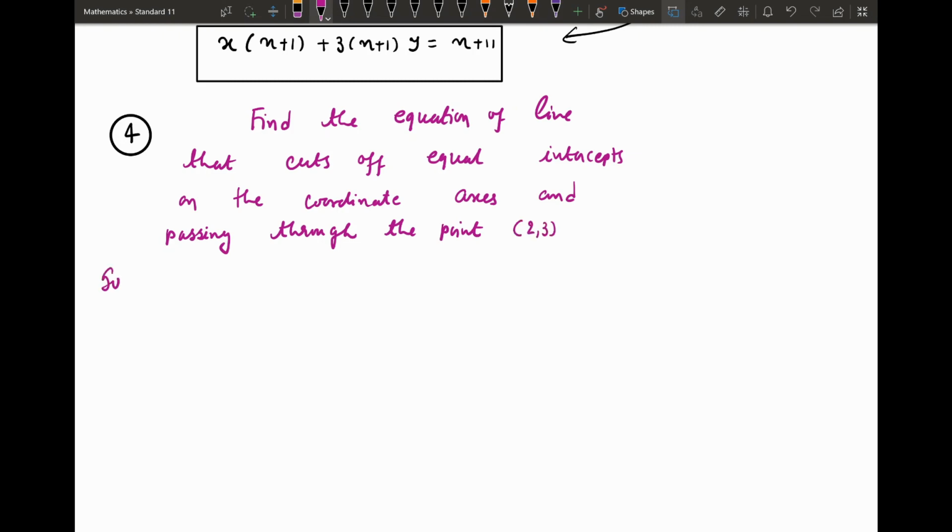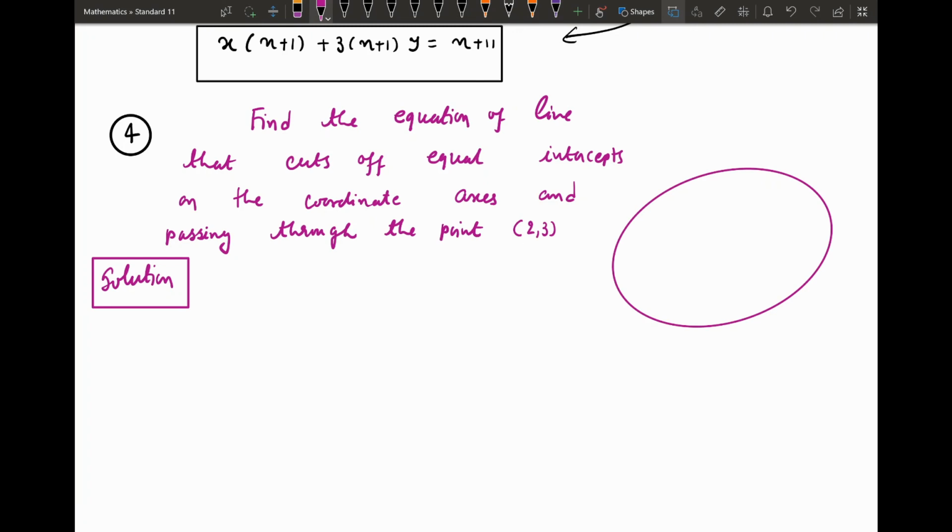So now let us discuss the solution. First question is, find the equation of line that cuts off equal intercepts. X intercept and y intercept are equal. Whenever intercepts are given, we will always use the intercept form x by a plus y by b equal to 1.